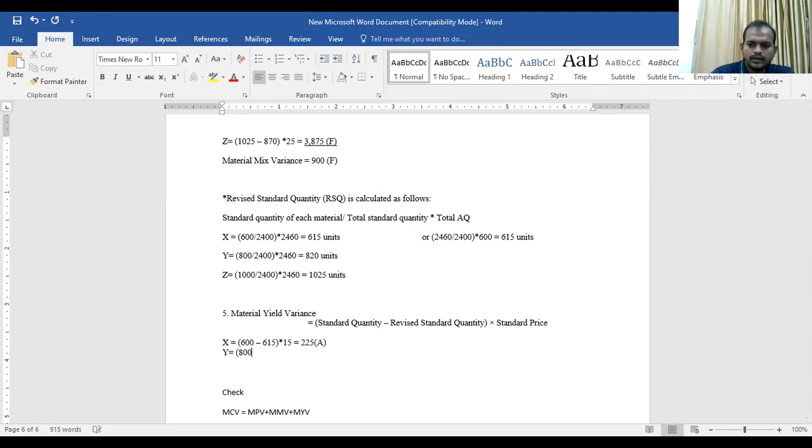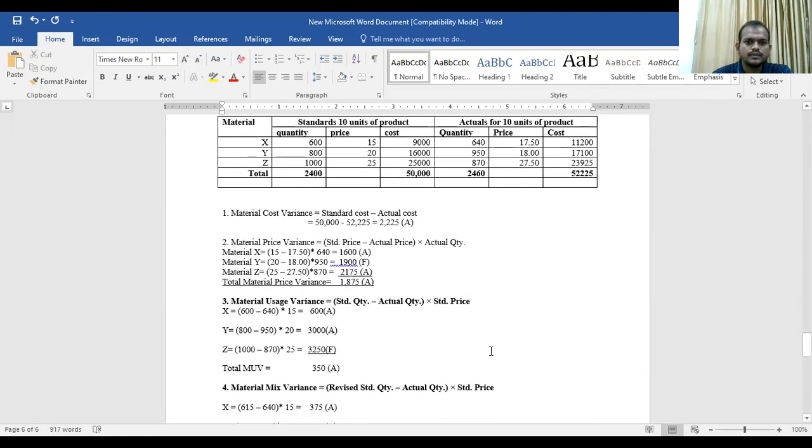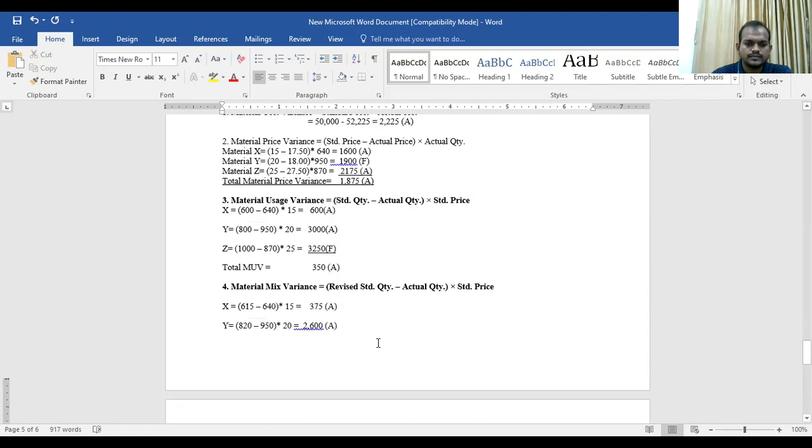So material Y: standard quantity is 800, and revised standard quantity is 820. Standard price is 20 rupees.